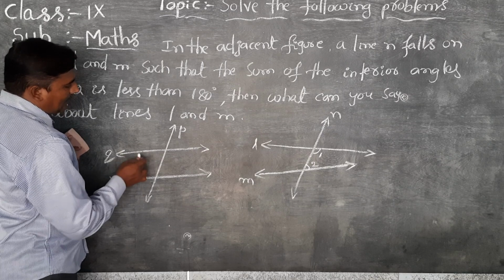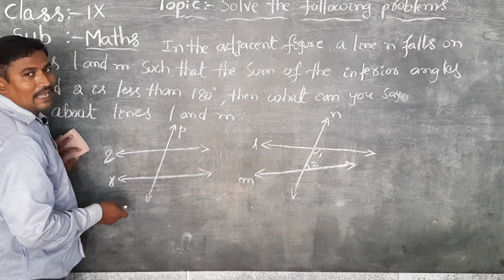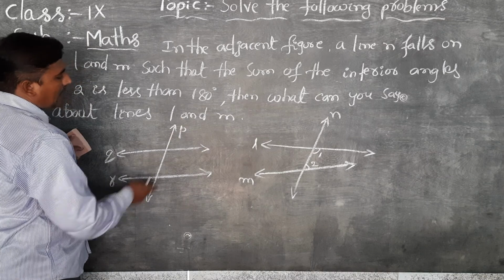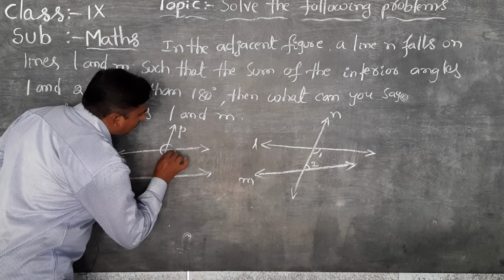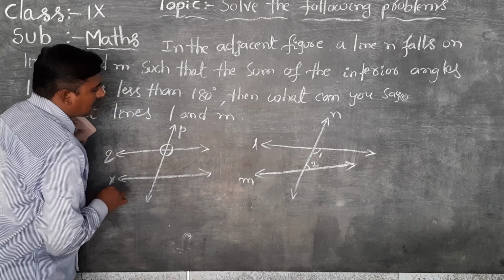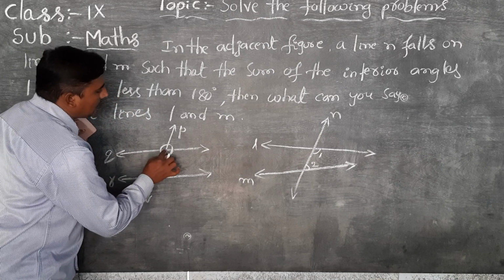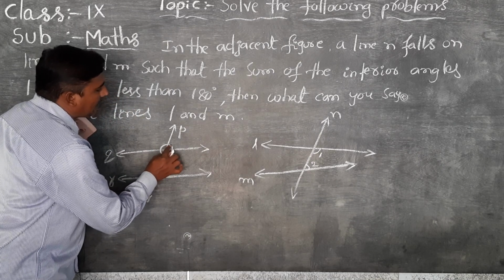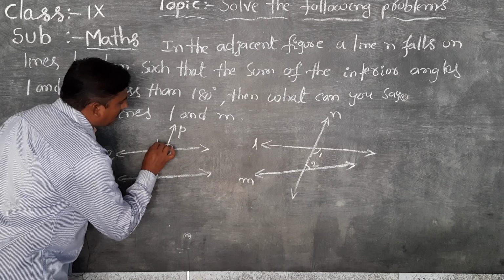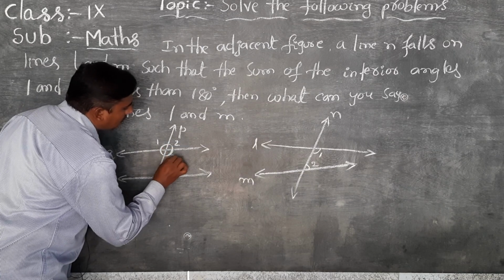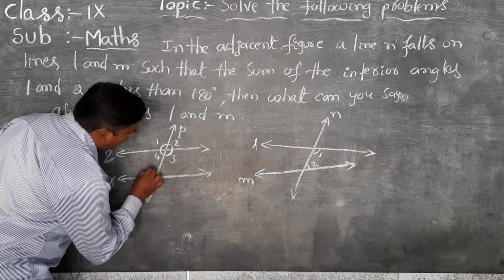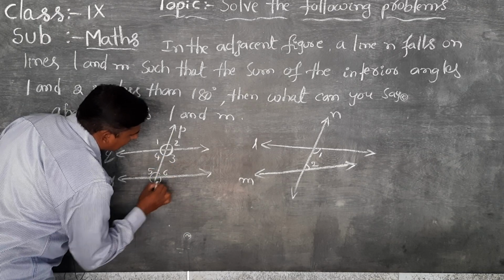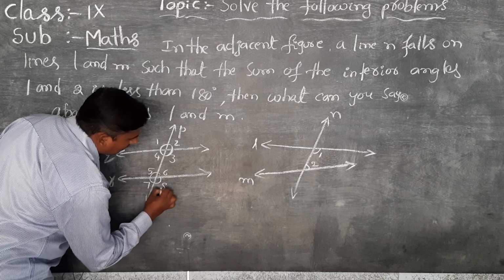These two are parallel. Then P is called the transversal. P is intersecting Q at this point. How many angles are forming? 1, 2, 3, 4. Here also 5, 6, 7, 8.